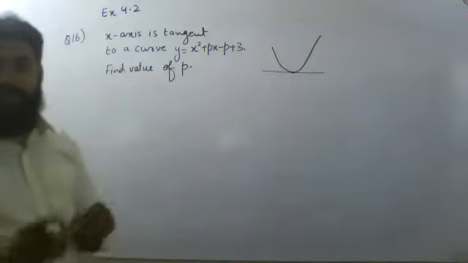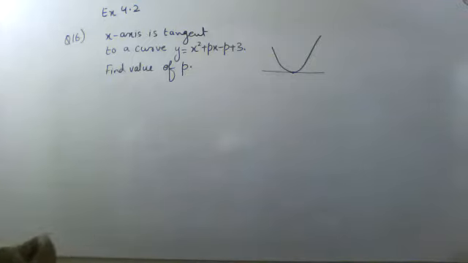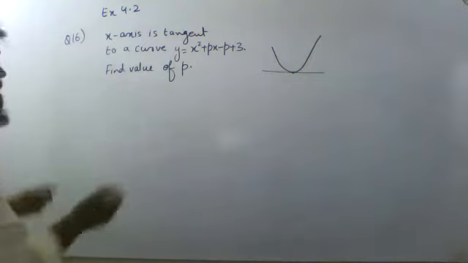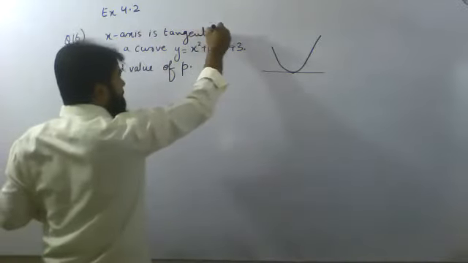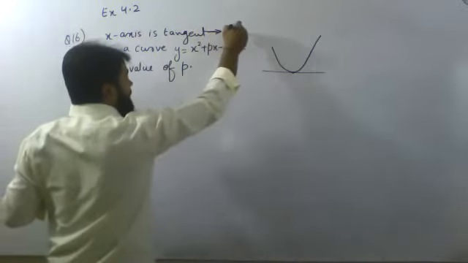If a line is touching a curve at one point only, then you will say it is tangent to the curve. So now, if tangent to the curve, it means that discriminant is equal to 0.